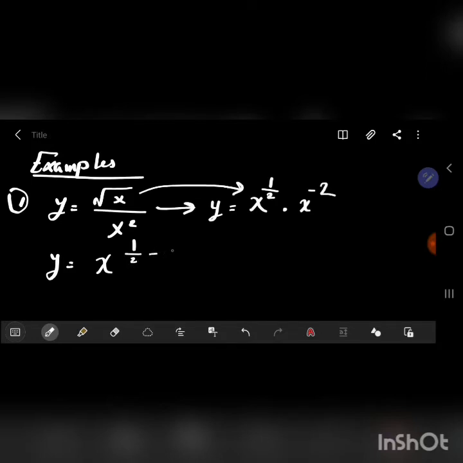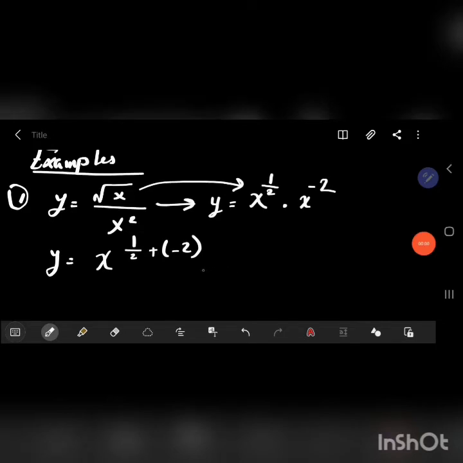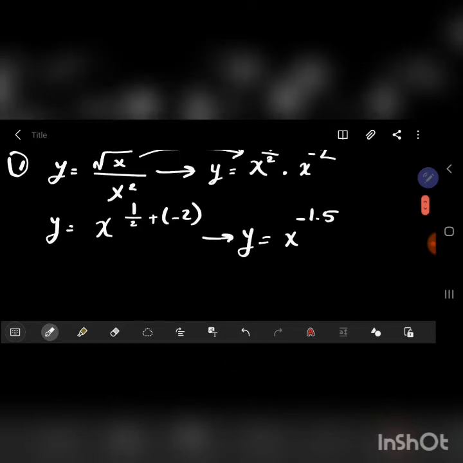Half plus minus 2 will be, it will be y equals x to the power minus 1.5. Okay, now if I want to take its derivative, we will derive this function.